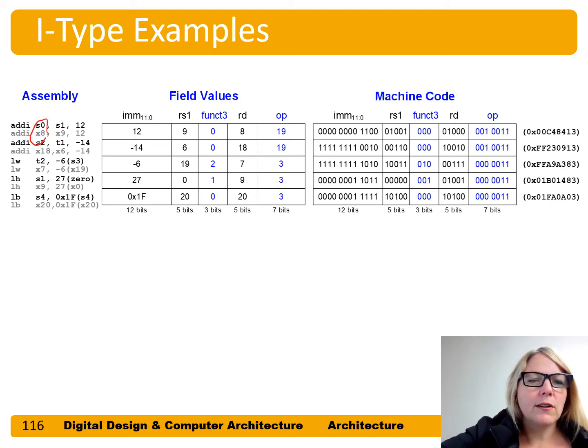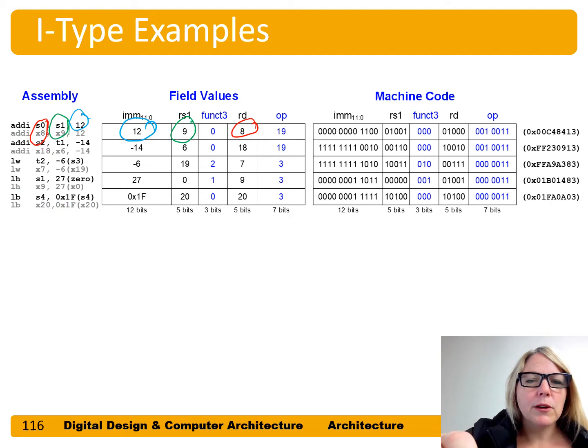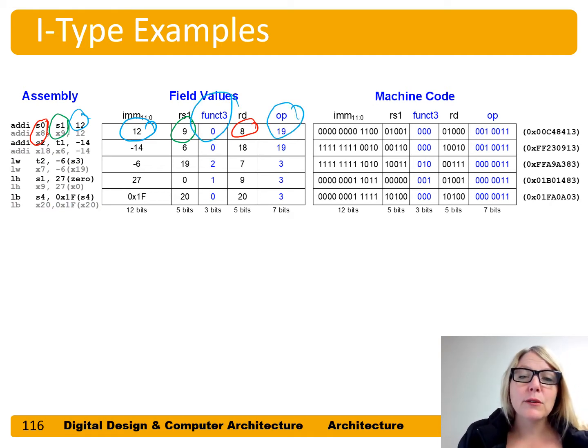So we have our RD field, 8, and our RS1 field, our source register, 9, and finally our immediate, in this case 12. It's a 12-bit signed immediate that happens to be the number 12. And we have the opcode, in this case 19, and funct3 of 0, which indicate to perform the add immediate operation on the operands.